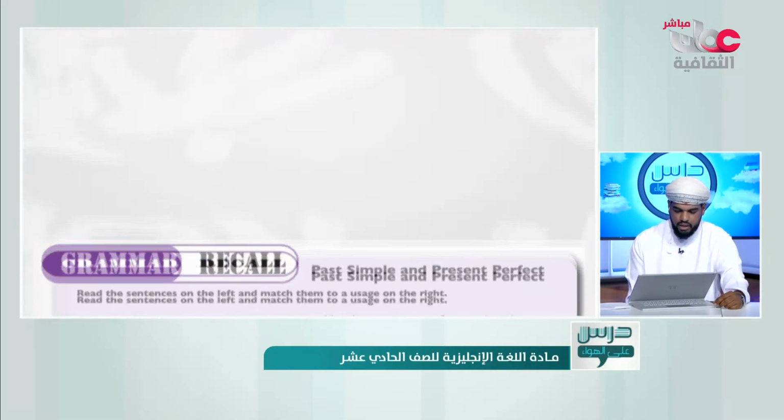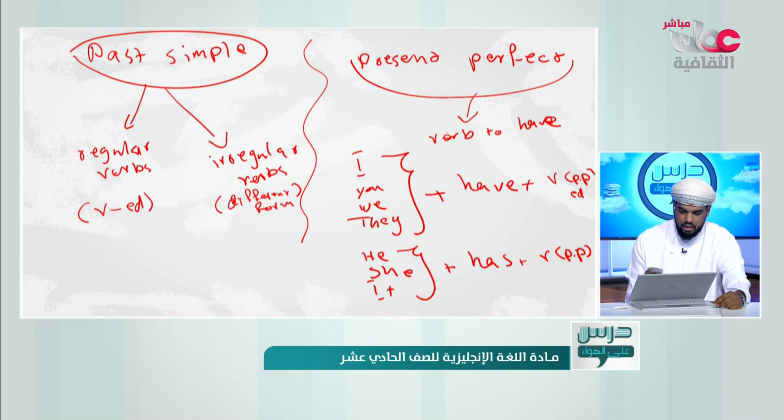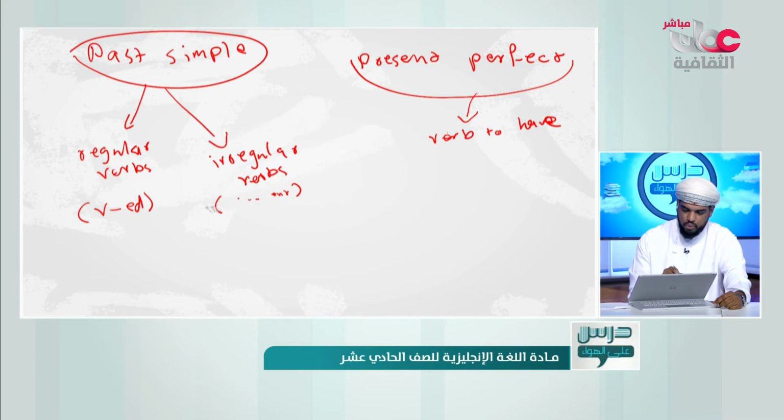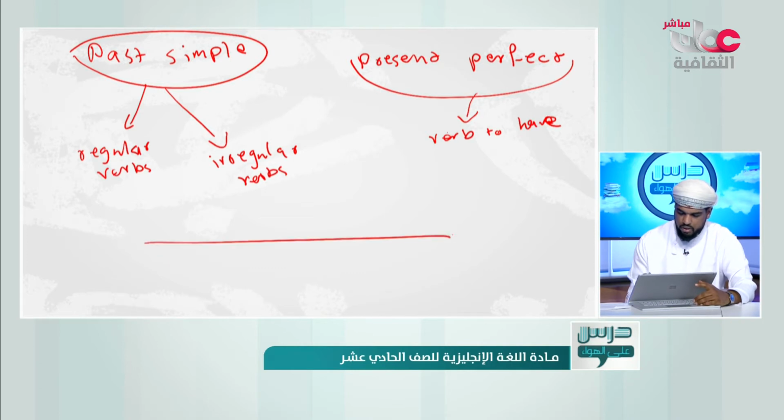Let me go back here and write the timeline of the present perfect, in which we know where is the past and where is the present. So this is the timeline, and here is the past, here is the present, and here is the future.